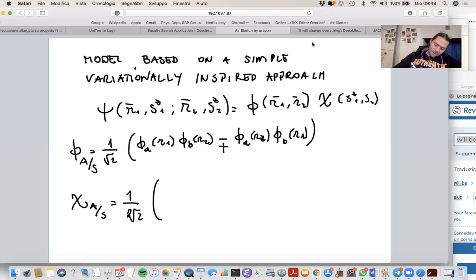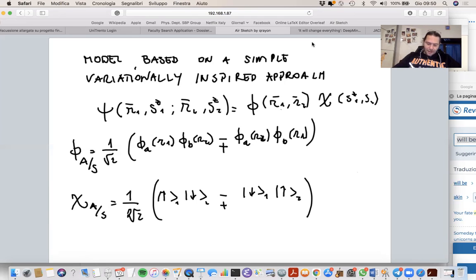I can use spin of particle 1 being up, spin of particle 2 being down, minus spin of particle 1 being down, spin of particle 2 being up. Or I could put a plus. These are the symmetric and antisymmetric combinations we've discussed several times in this course.